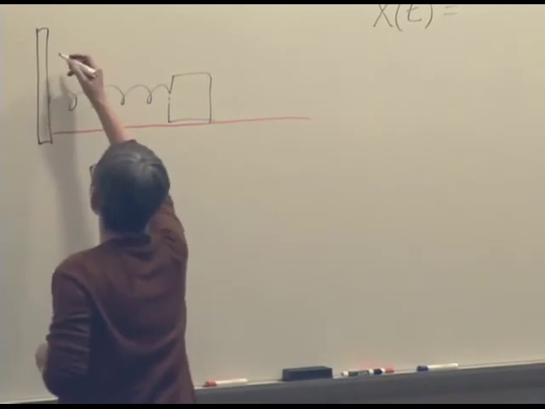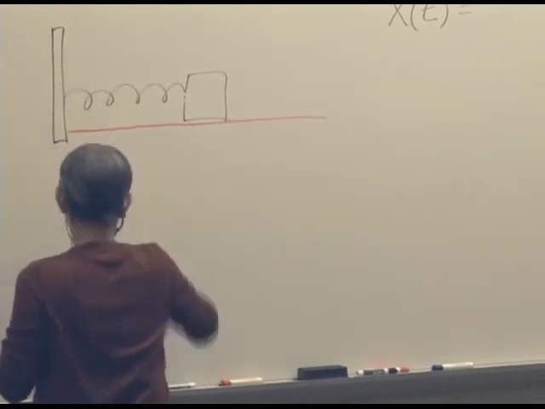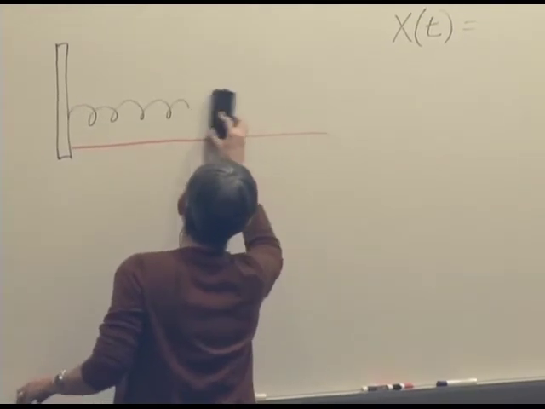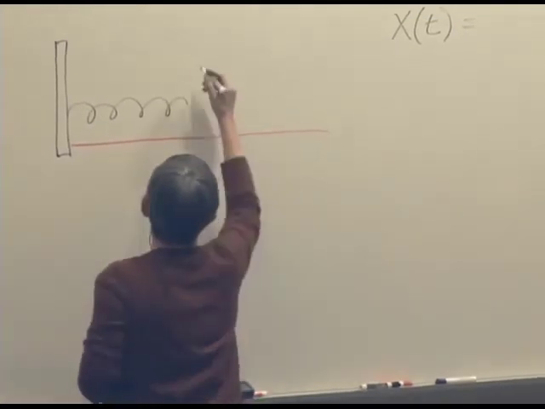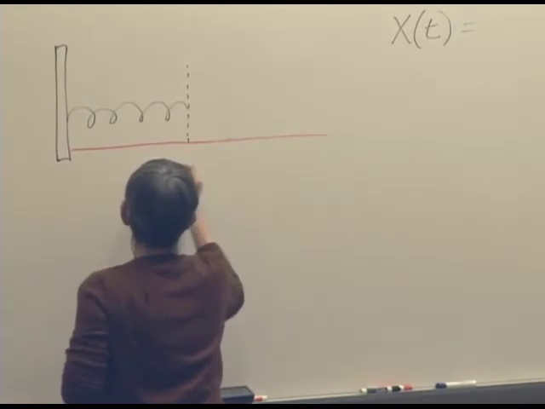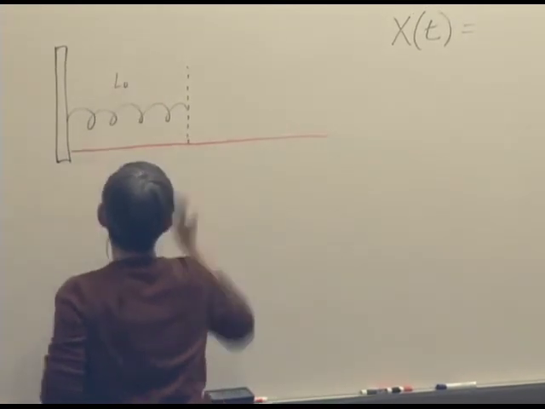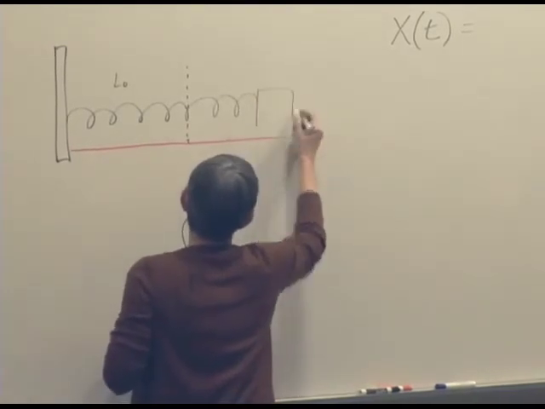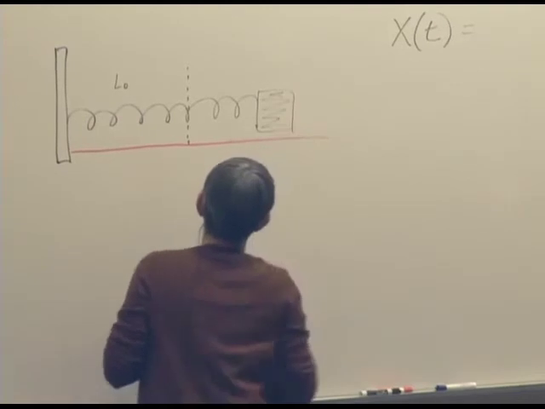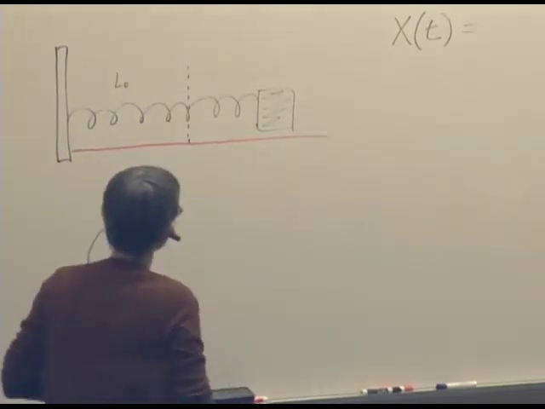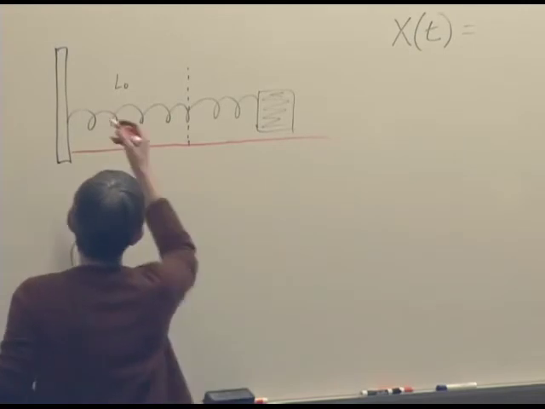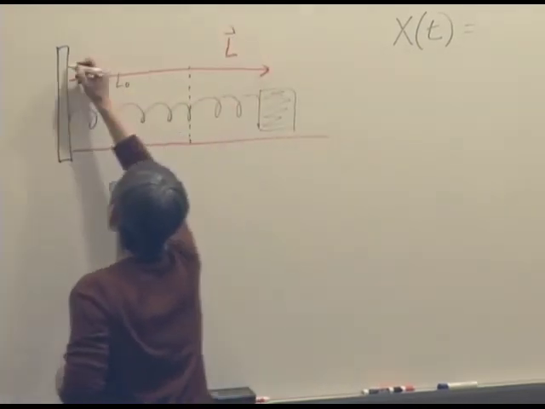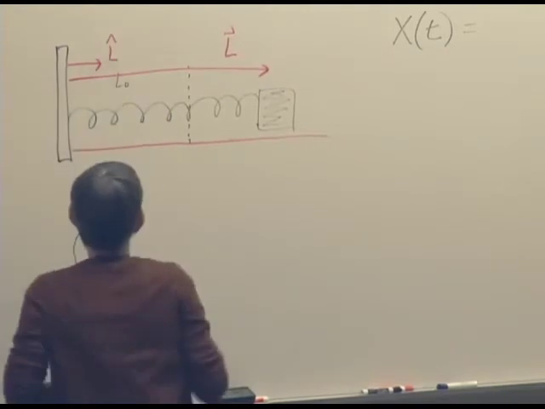Let's say that the relaxed length of the spring here, this length, is L0, and the mass is going to be somewhere here. So we need the vector L, which of course is that. And so the vector L hat goes that way.